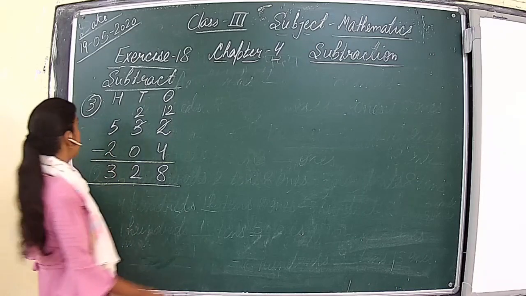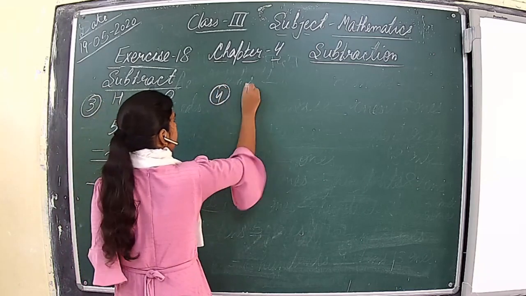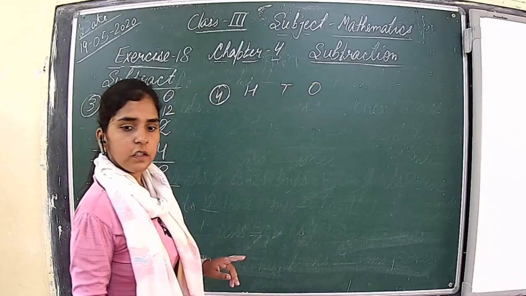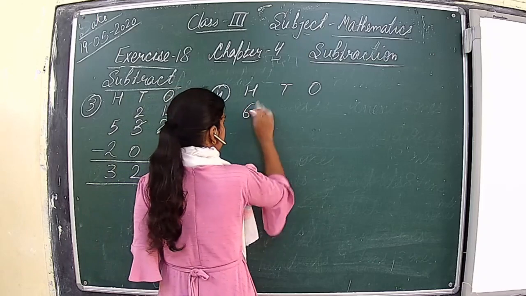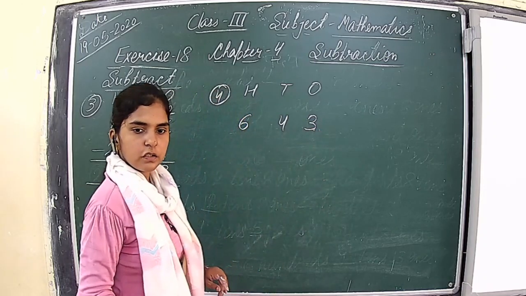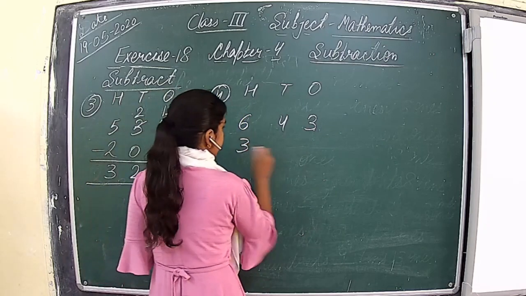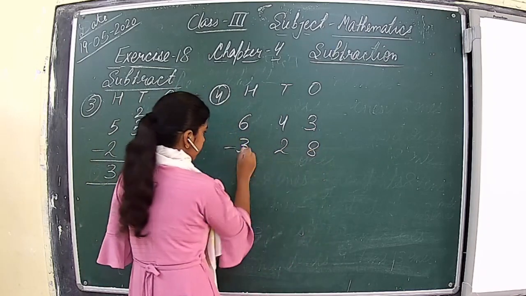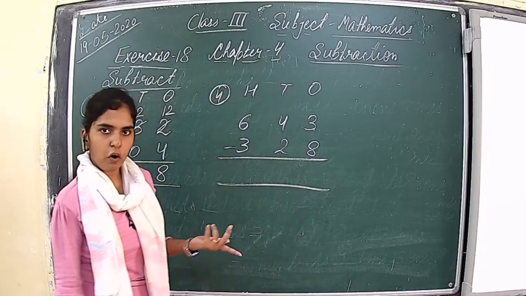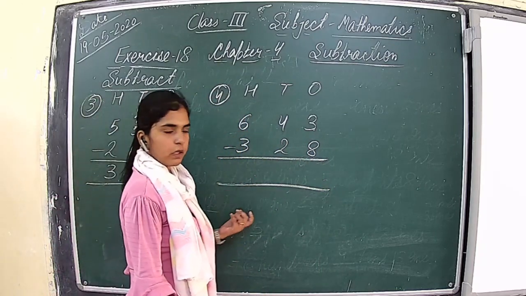Now question number 4. 643 minus 328. 3 minus 8, we cannot subtract. It means we have to take one borrow.